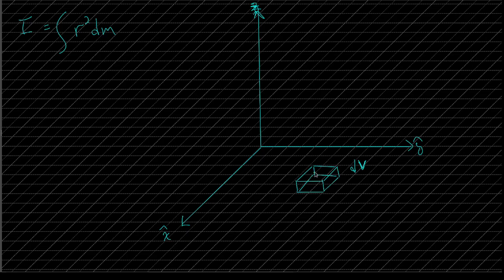And this element of mass has some radial element from the z-axis, that if I drop that straight down, it sticks up a height of z. Has some radial element from the x-axis.